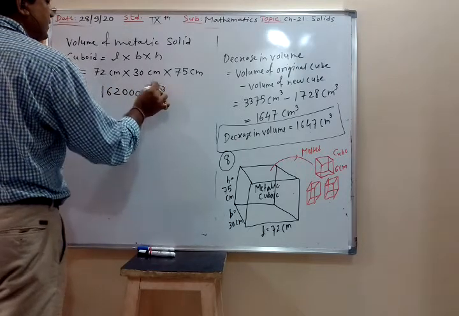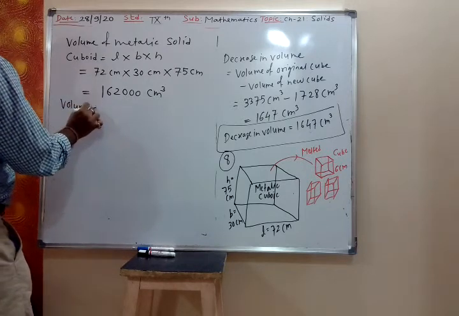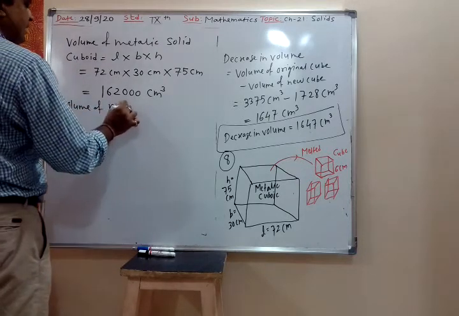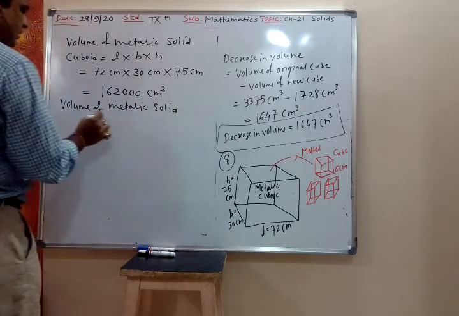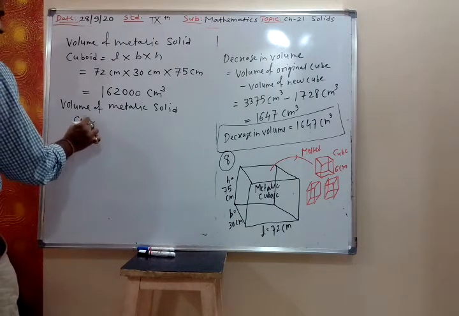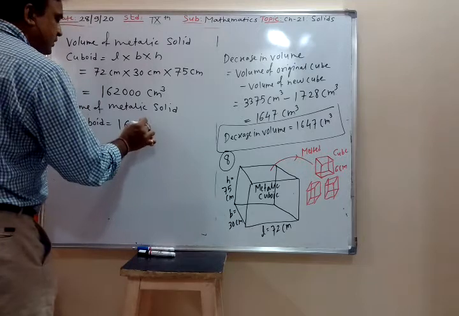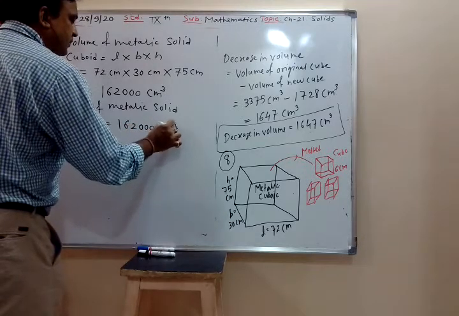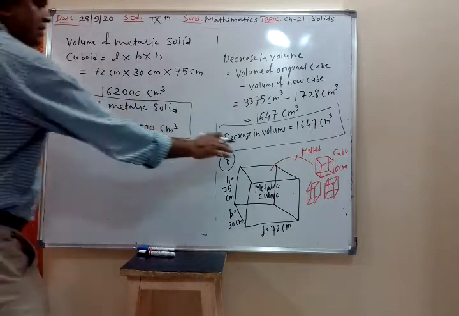Just check it. Volume of metallic solid cuboid is 1,62,000 centimeter cube. So we have found the volume of this metallic cuboid.